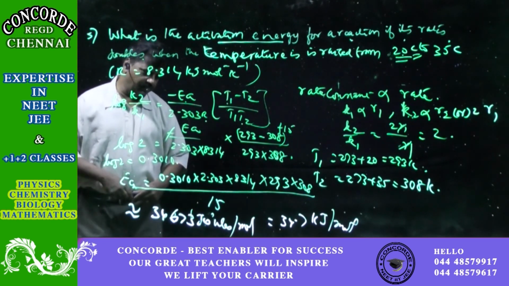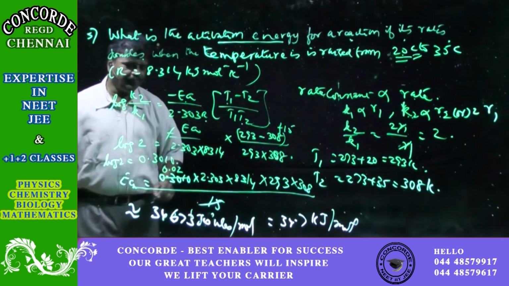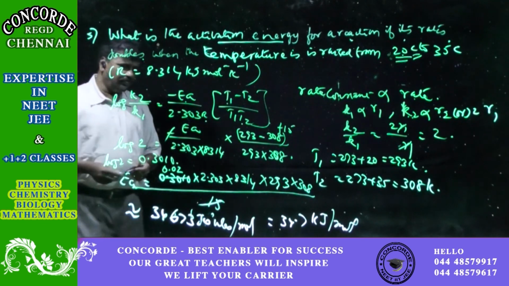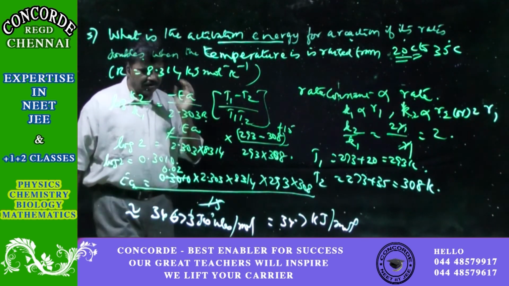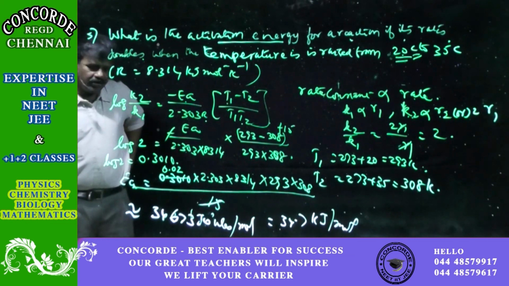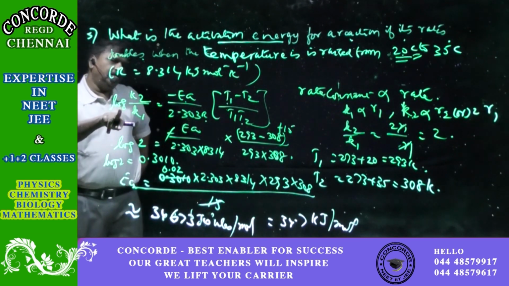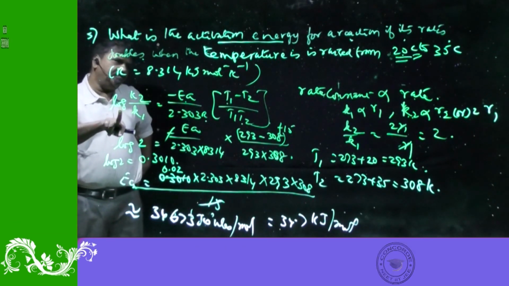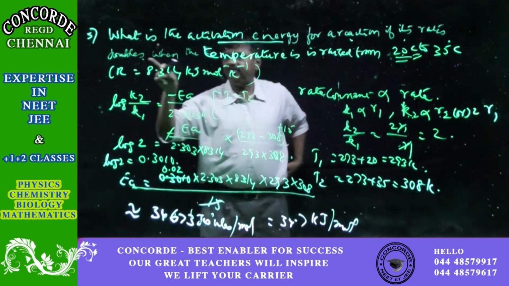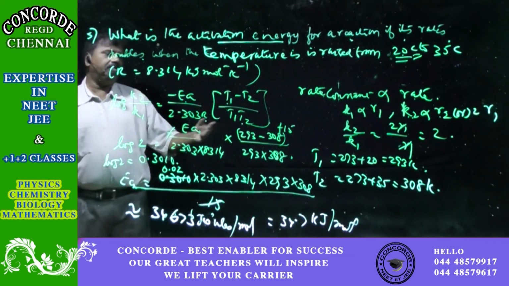This 15 can be approximately 0.02, and this 0.02 and 2.303 may come to almost the same, and then multiply. Hope you are able to get the answer. I am using the Arrhenius equation, finding K2 by K1 from the information in the sum, then converting all to the Kelvin scale.